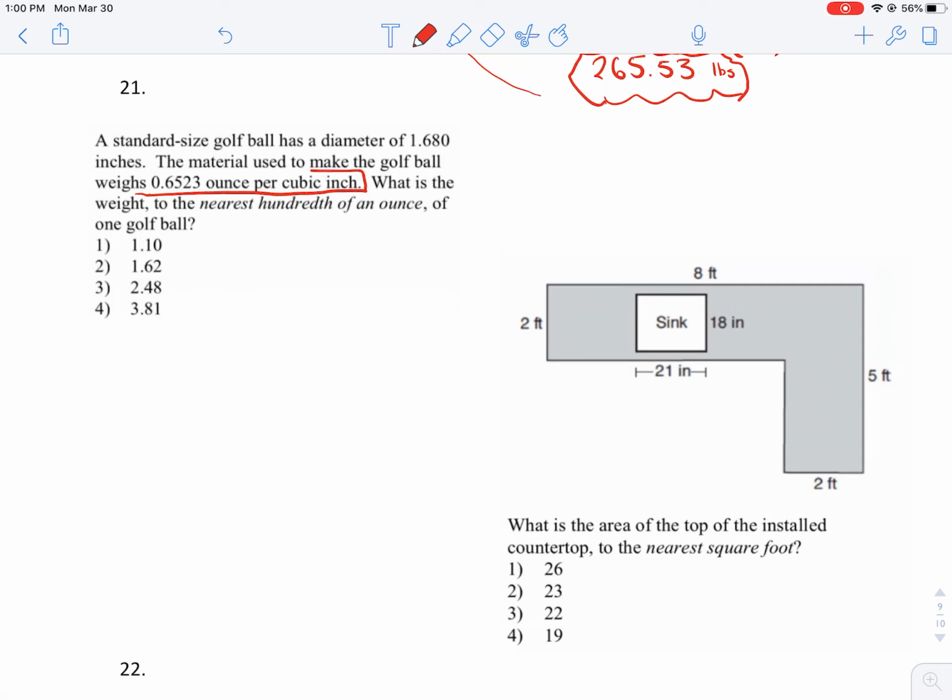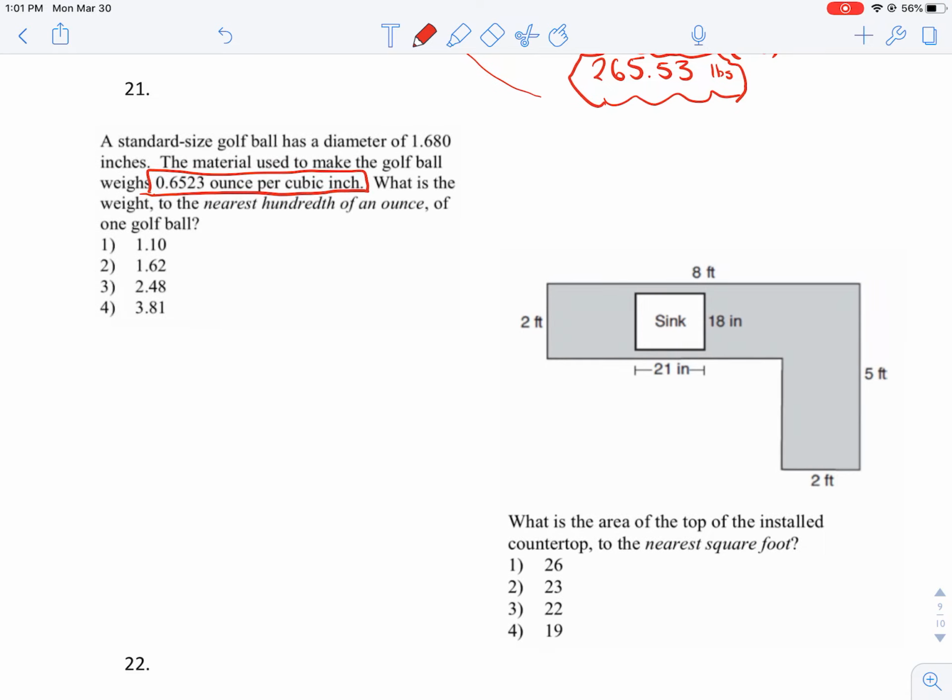Okay. So, anytime you see something that weighs 0.6523 ounces per cubic inch, well, that's just a density. So they give us their density, and they want to know what the weight is. So they're looking for the mass.